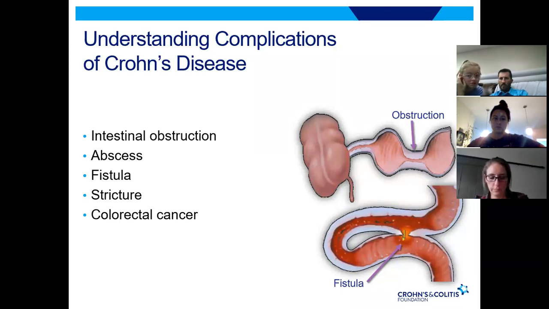Fistulas are little burrowing tracts that burrow from one thing to something else. They're named from where they start to where they go. The picture on your bottom right shows an entero-enteric fistula because it goes between bowel walls. That's a kind of a hallmark of Crohn's disease. Not everyone has it, but if you see fistulas, you should think of Crohn's disease as a diagnosis.